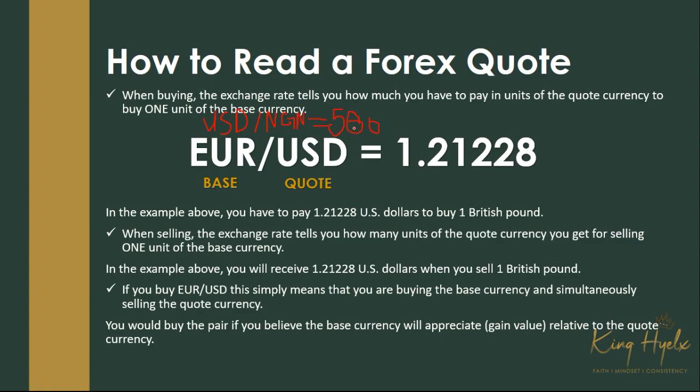So let's say you have a feeling that one day this exchange rate is going to be 1,000, right? So you buy USD at 500. Making sense? You buy 1 USD at the rate of 500, and so one day it now turns out to be 1,000. Now that 1 USD that you bought is equal to what? 1,000.